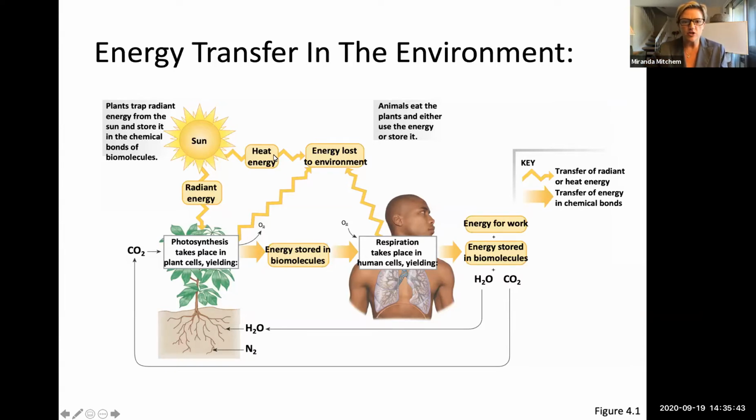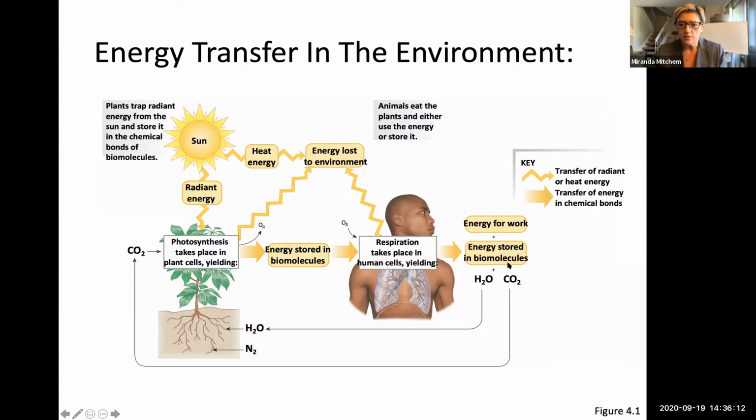Now, some of the energy that comes from the sun goes into the environment. It's not by any means all utilized, nor anywhere close to that. So the topic that we're going to talk about today really focuses on this side of the figure here, where we're going to review the transformations of energy that occur at the cellular level.